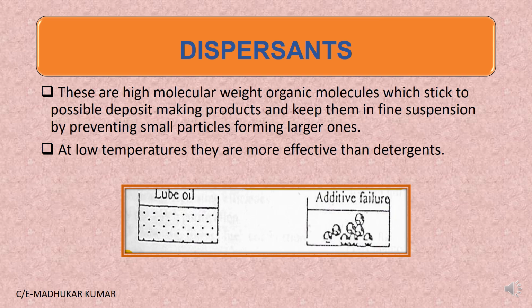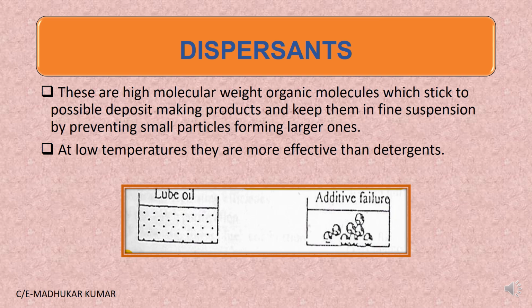Dispersants. These are high molecular weight organic molecules added to the lube oil, which stick to the possible deposit-making products and keep them in fine suspension by preventing small particles from forming large ones.